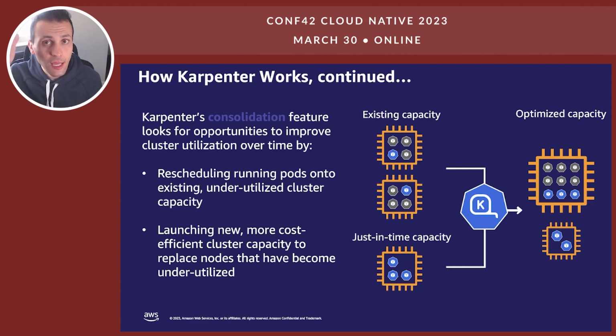So consolidation is a feature that you can enable. If you don't want the feature, it's okay, because it's going to reschedule the pods, and you want to make sure your application is highly distributed within your cluster, so consolidation never brings your application down, but it actually optimizes capacity quite a lot.